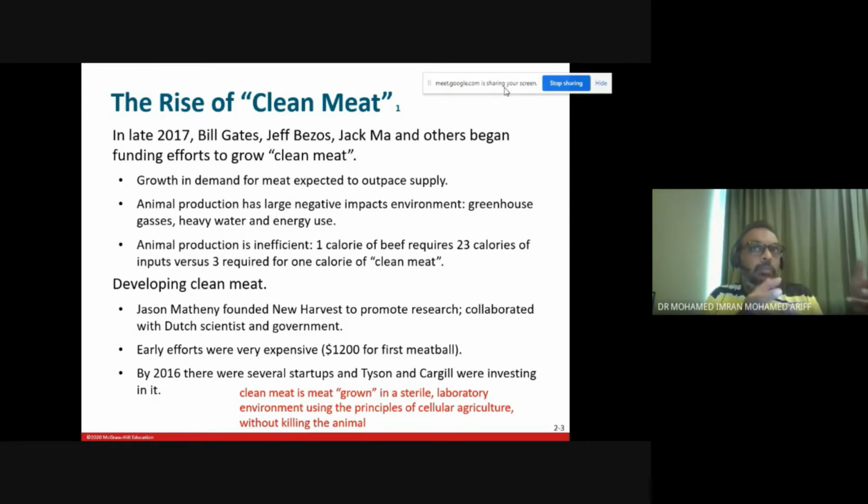So meat, bayangkan, you don't have to slaughter a cow or goat or whatever. You can just go and get meat from a lab. You don't have to go and pluck your vegetables, but you can get it in a form of something else, synthesized version. So they were thinking of how to develop clean meat.